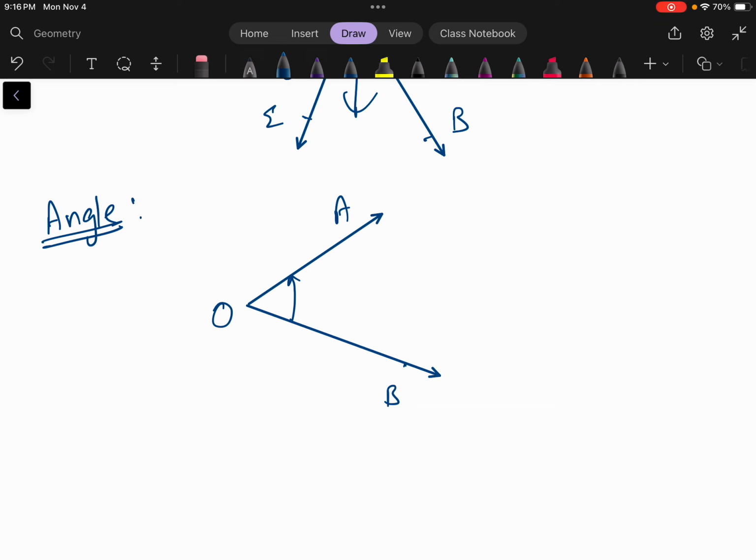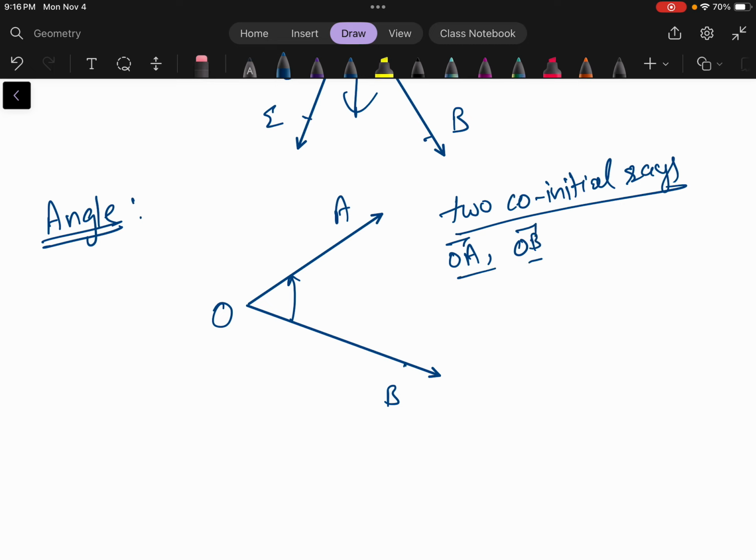So what are the two co-initial rays? OA is the initial ray and OB is the second ray.